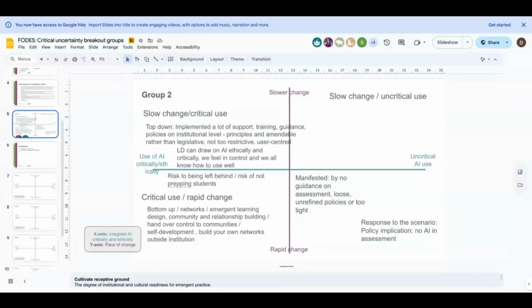So not to sit back and wait for what's going to happen, but to really be aware of what could happen and what is likely to happen, but also what we want to happen, and how we could both try to get there and prepare ourselves if we don't get there and another scenario happens. How can we respond to mitigate what could happen? So I really like this activity.